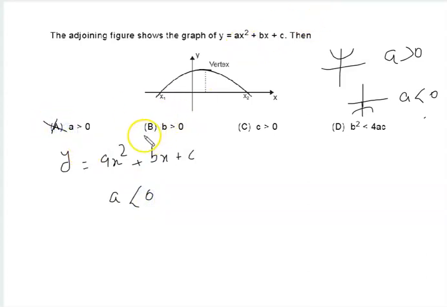And for the second option, first of all we have to find out about c, right? So we know that at x equal to 0, we get the value of y as positive, right?